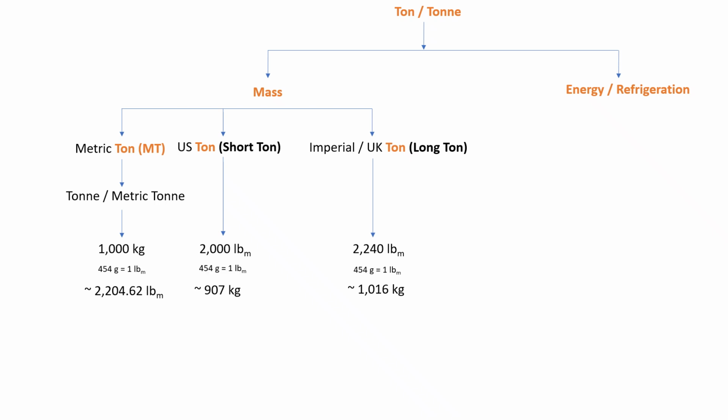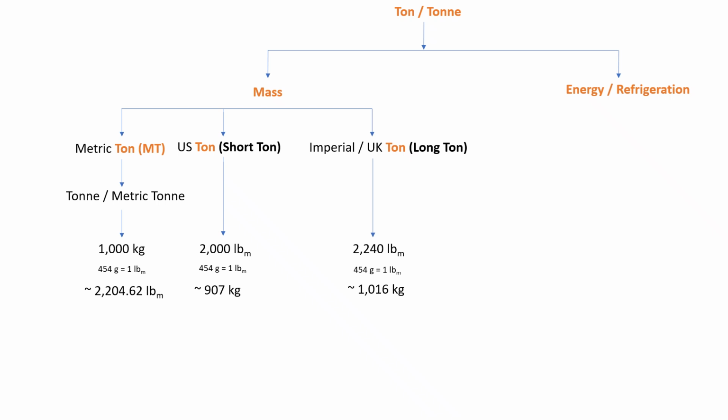This is because the interconversion of pound mass to grams is that 1 pound mass has 454 grams. So the conversion factor is the same. So it is a kind of building block to start with. In metric ton, the 1,000 kg is the initial thing.